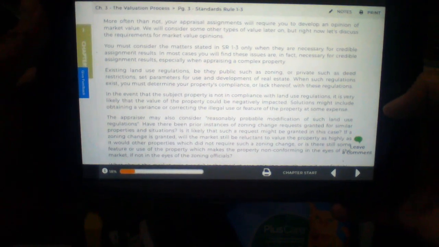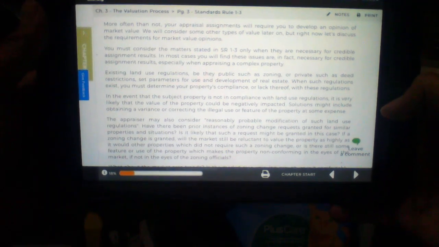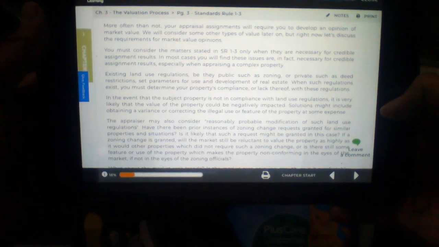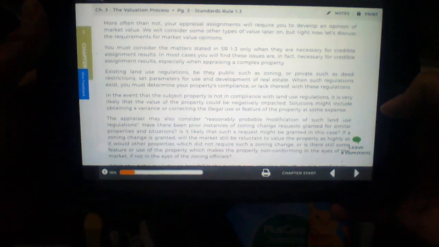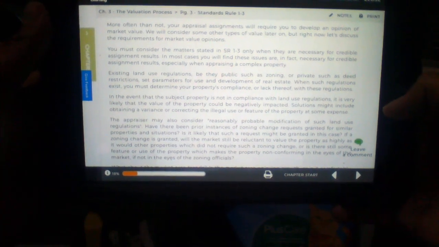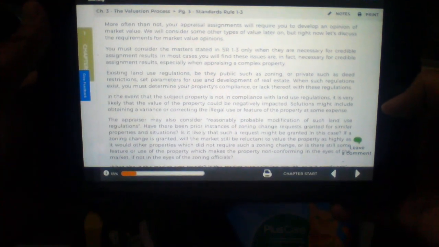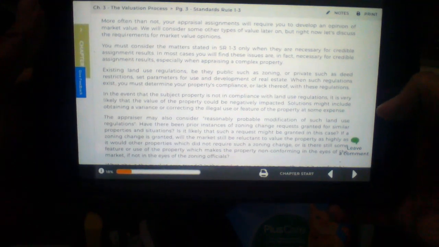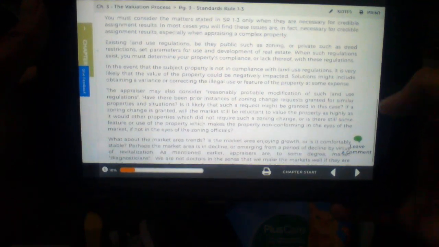More often than not, your appraisal assignments will require you to develop an opinion of market value. We will consider some other types of value later on, but right now, let's discuss the requirements for market value opinions.